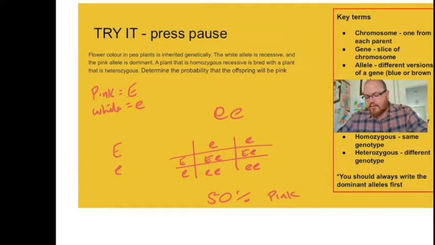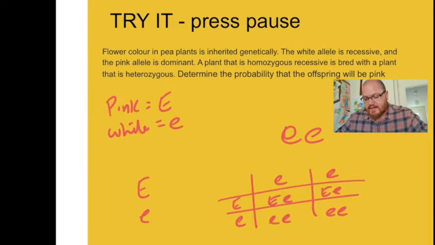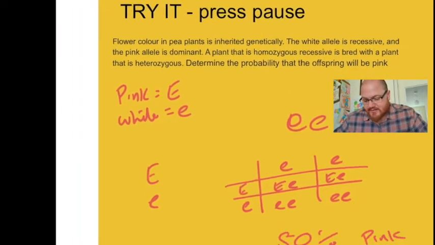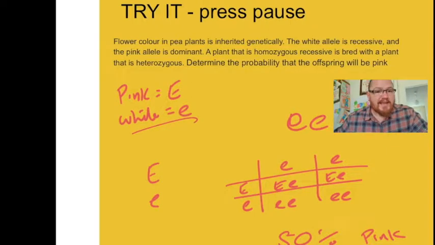How did we do? So the first thing we needed to do is interpret the question, really. It's not giving us letters again. If I just zoom in, it says flower, genetically, the white allele is recessive. So I've said white is lowercase e. You've more than likely got different letters to me now. Could have used R again, but I've just used E this time.